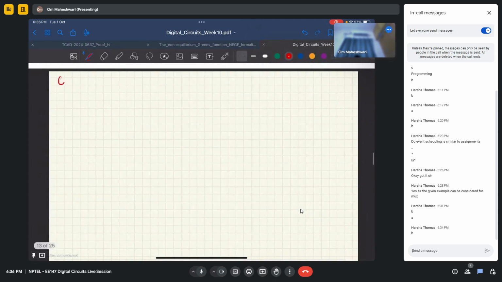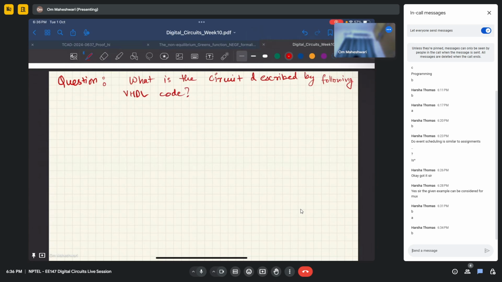So the question is, what is the circuit described by the following VHDL code? Just a minute, I'll give you the code.